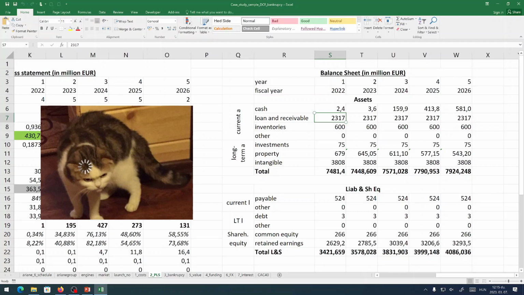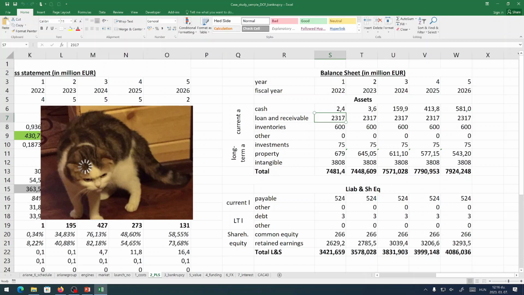Because the problem with Ariane Space, among many things, is that it's completely owned by two parent companies. So this is just an outsourced subsidiary where they are focusing only on one profit center activity, just launching stuff into space. But this is not a standalone.